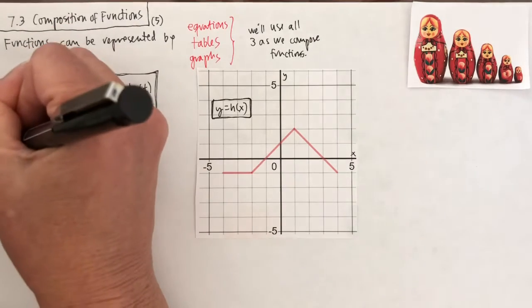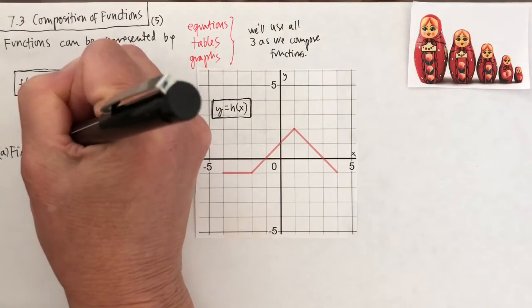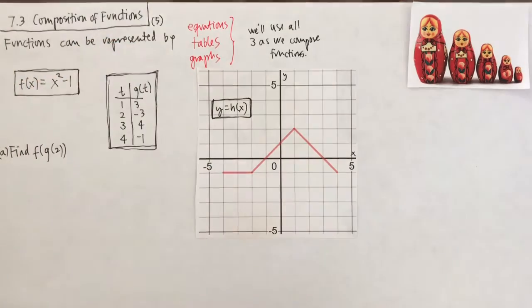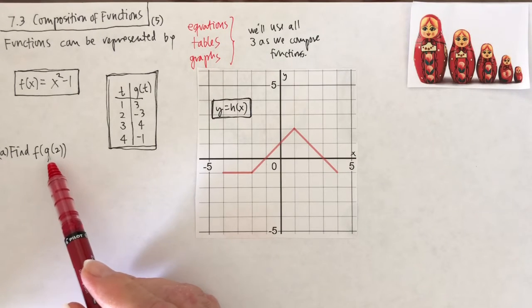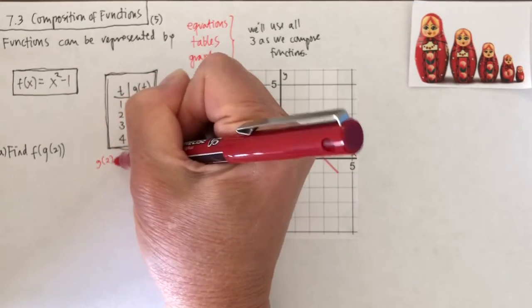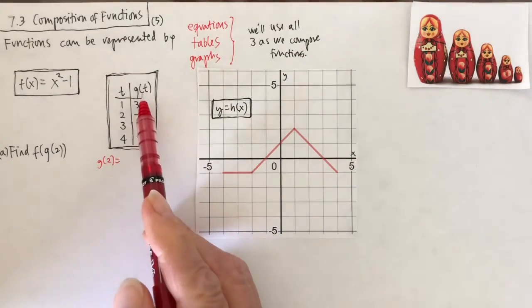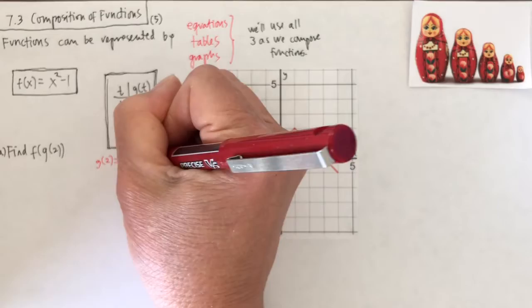So the first thing we're going to do is find f of g of 2. Okay, so like we talked about earlier, we want to start on the inside. So we think, okay, our initial input is 2, and we're going to put it into the function g. So let's think for a minute. What is g of 2? Here's g up here. If my input is 2, my output is negative 3.